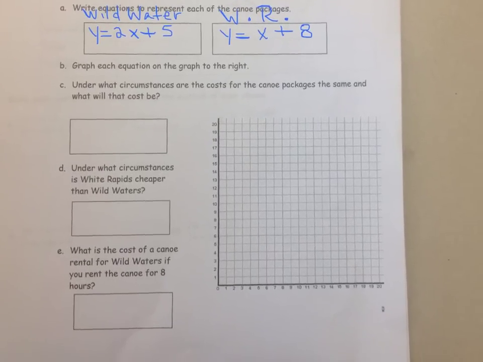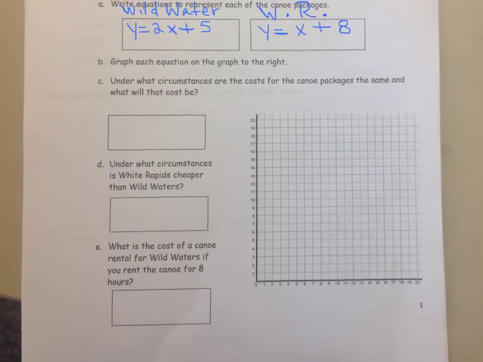Now I'm going to graph each of these equations on the right. I'm going to label the x-axis as hours, and my y-axis is cost. My first equation is going to represent Wild Water, and it's going to be in pink.